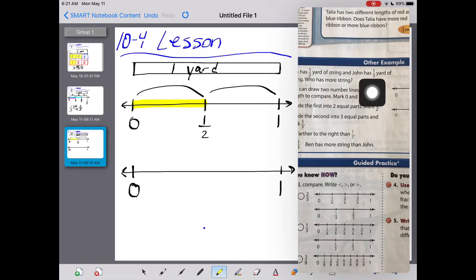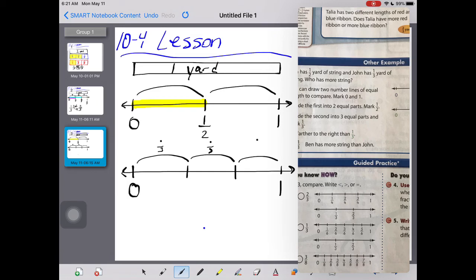John has 1/3. His denominator is a 3. So I need to divide this up into 3 equal parts. So let's do that. Do my best here. Pretty close, I guess, right? I maybe make this one a little bit longer than this one, but for the most part, we've got 1 part, that's 1/3.